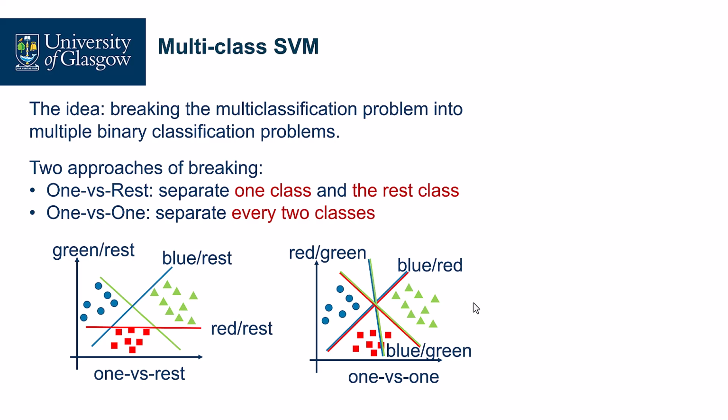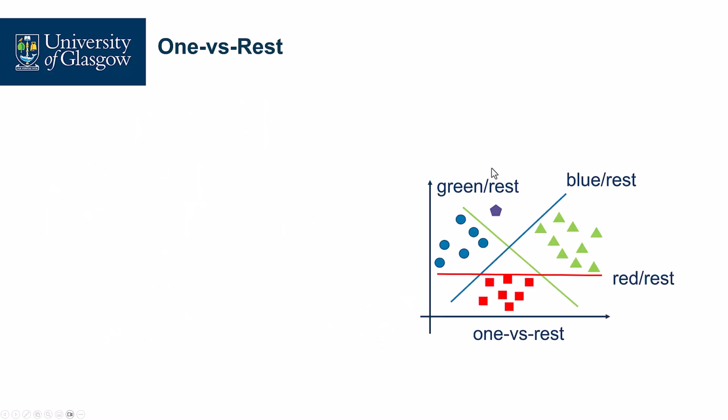Based on these two breaking approaches, let's see them one by one, to see how we train the model and how we predict a new point, right? This is an example where we have three classes, and this is a point we want to predict. Let's see the first one, one versus rest.